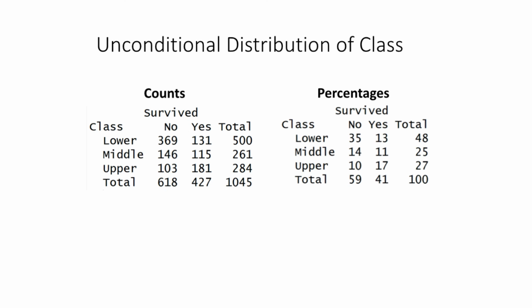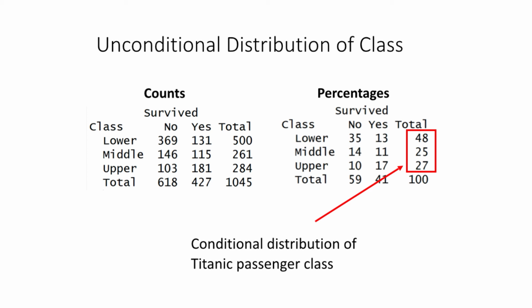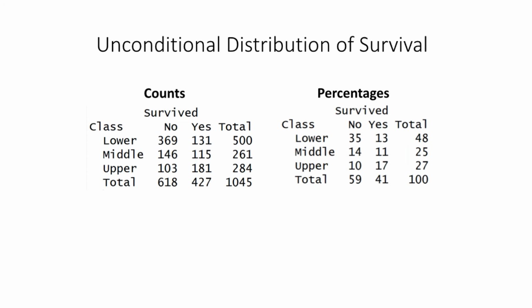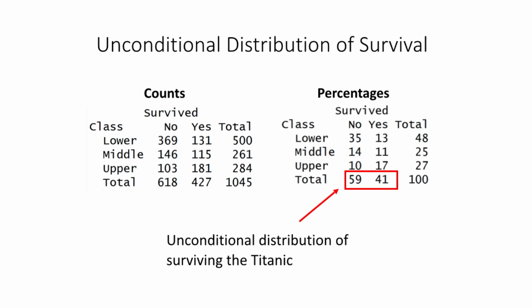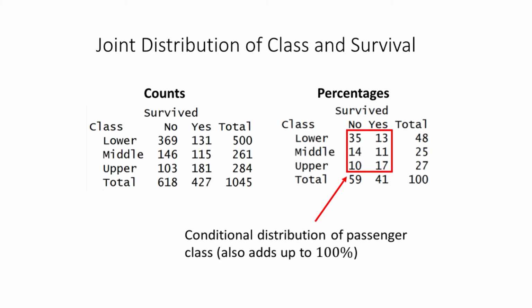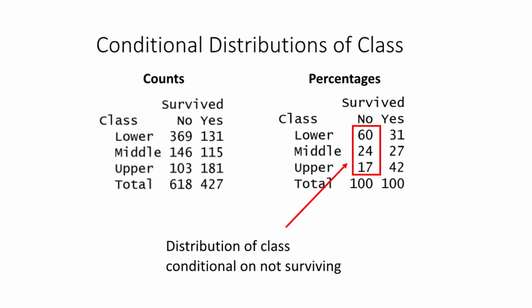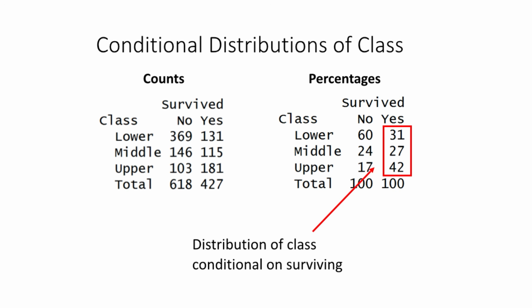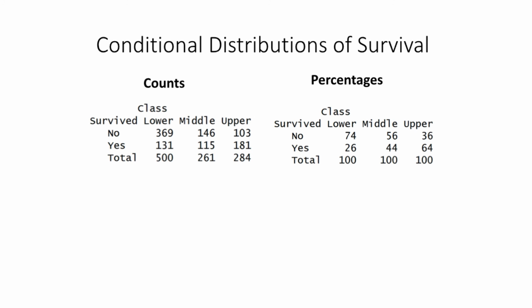Here's the unconditional distribution of class that we've highlighted, and here's the unconditional distribution of surviving the Titanic. The joint distribution is given by the particular cells, and this adds up to 100. Conditional distributions are given here: the distribution of class conditional on not surviving, and the conditional distribution of class conditional on surviving.